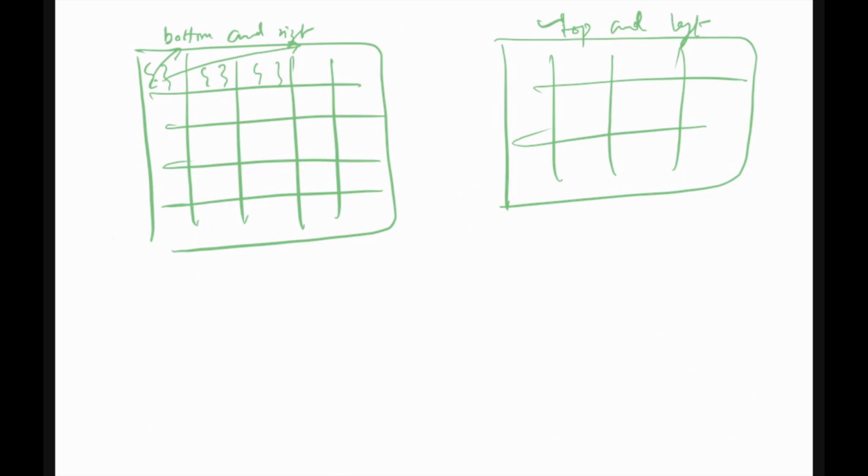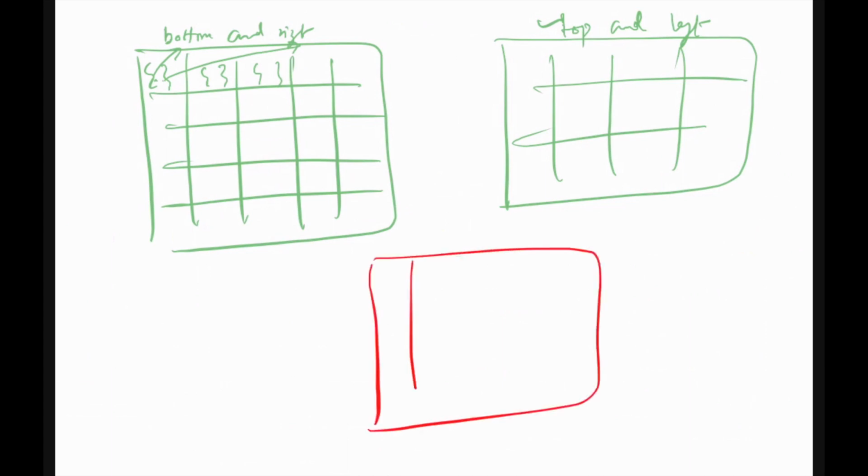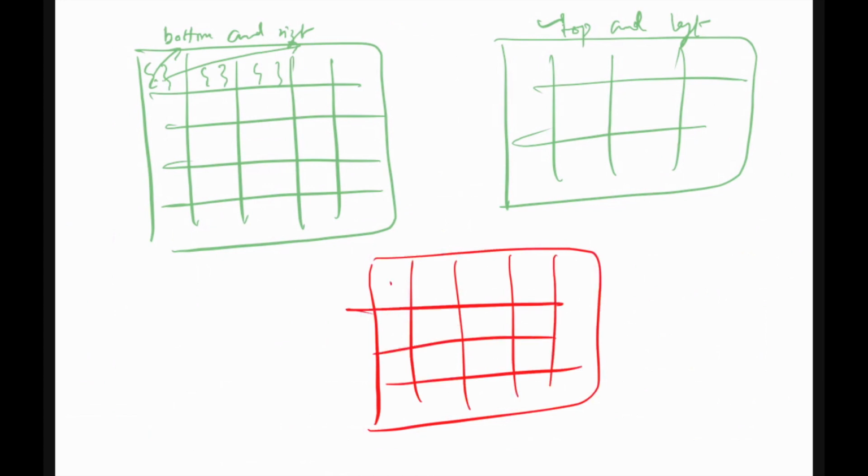So basically we know that we have a matrix here, and we have values like 1 0 1 0 1 0, something like this, let's say anything.